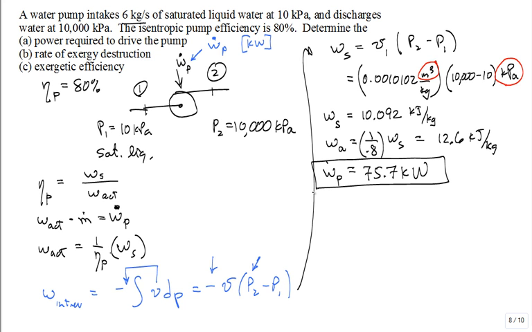What is the rate of exergy destruction in the pump? The rate of exergy destruction in the pump. Right, so we're looking to calculate for this answer E dot D, and it's in units of kilowatts, true? Okay. How would we calculate that?